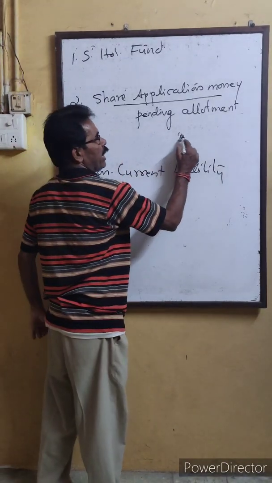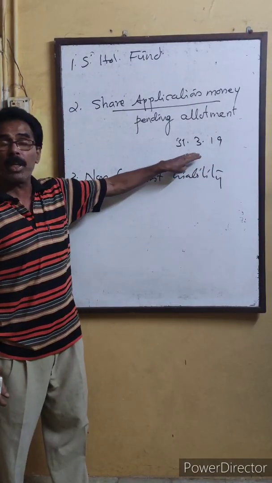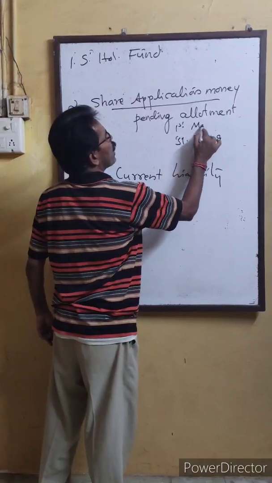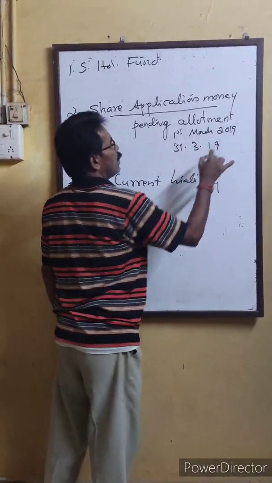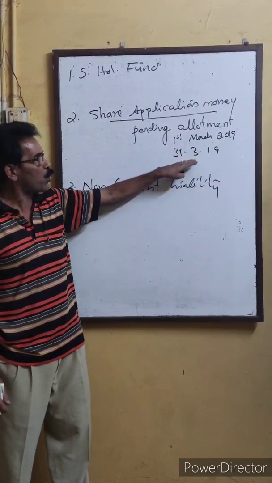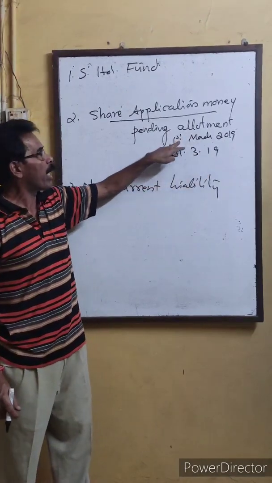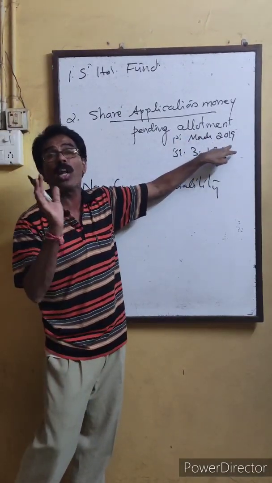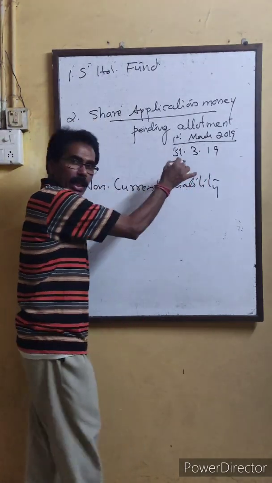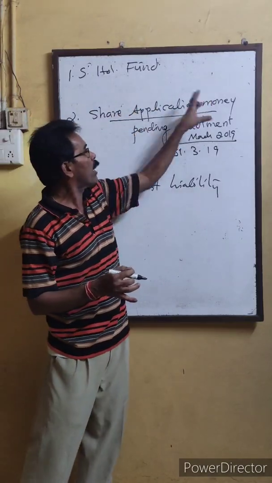Suppose the balance sheet is prepared on 31st March 2019, and the company received application money on 1st March 2019. On 31st March 2019, the money received on 1st March was not allotted by the company. It is pending. So that money received during this time will be shown as share application money pending allotment.